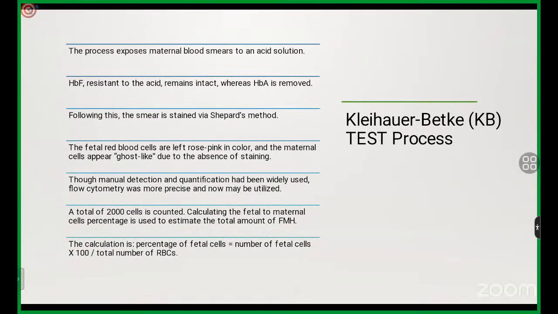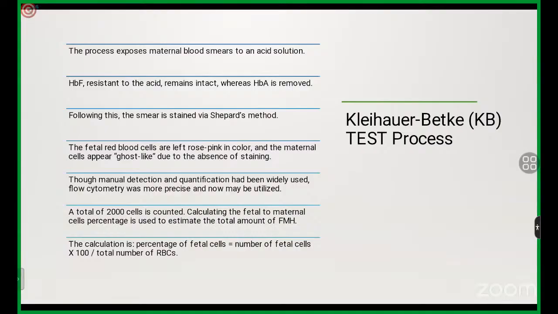The process exposes maternal blood smears to acid solution. Hemoglobin F resistance to acid remains intact, whereas hemoglobin A is removed. Following this, the smear is stained with Shepard's method. The fetal red blood cells are left rose pink in color, and maternal cells appear ghost-like due to absence of staining.